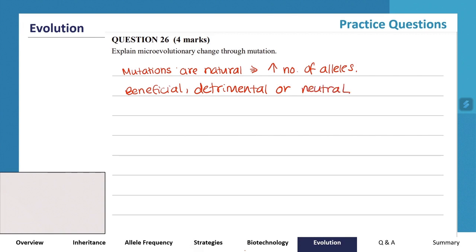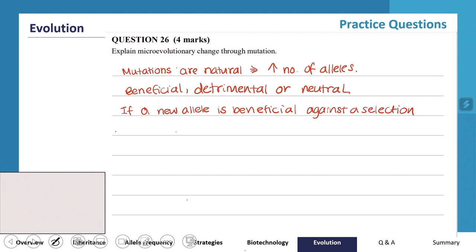If there is an environmental pressure, a new allele is beneficial against the selection pressure. There is an increased chance of offspring being born with this allele.